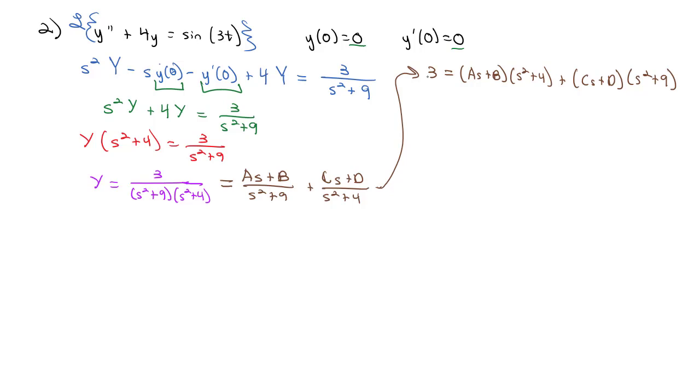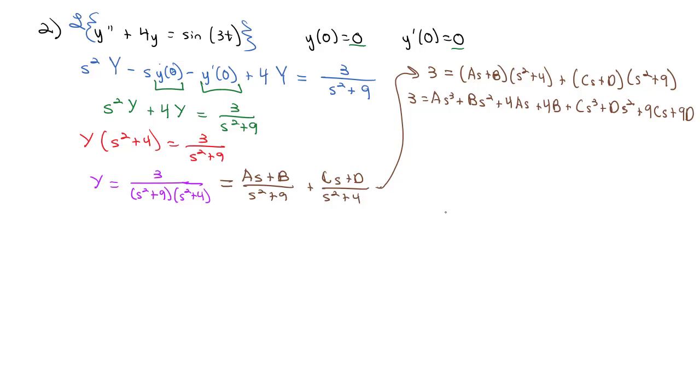Not going to be able to clear anything out, so let's go ahead and multiply everything out, giving us As cubed plus Bs squared plus 4As plus 4B plus Cs cubed plus Ds squared plus 9Cs plus 9D.